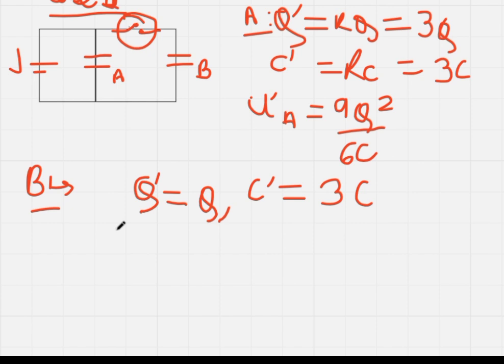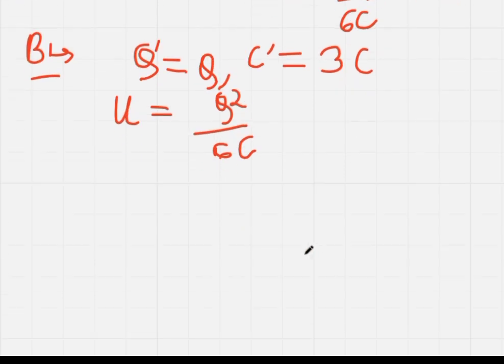Okay, so what will happen to the energy? The energy will be Q square by 2C dash, so Q square by 6C. So that means the total final electrostatic energy will be UA plus UB.